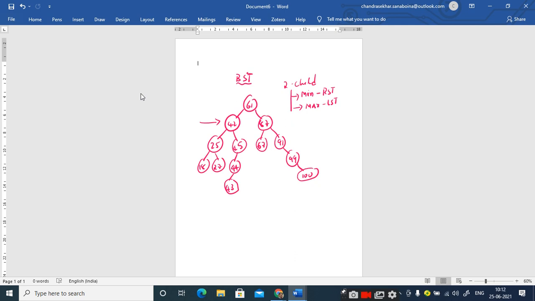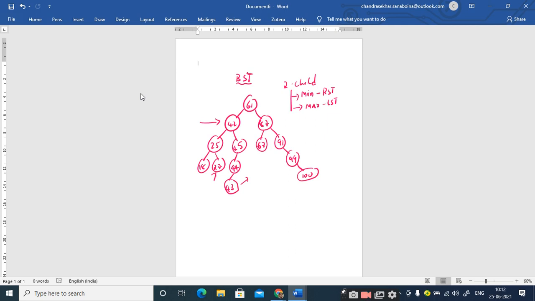Yes, sir. So how can I replace this 42? What node is satisfying this replacement of 42? 43, sir. 43 is one and another one is 27. So you can replace this 42 with either 27 or 43. Right.